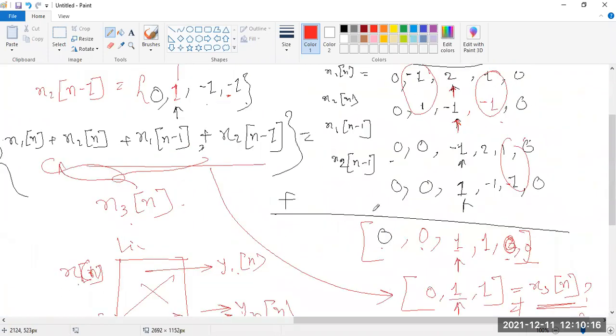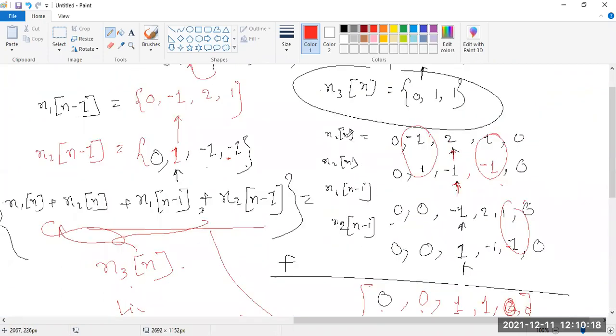So you know that there is x1 of n, x2 of n, x1 of n minus 1, x2 of n minus 1. We have to add these, where the corresponding output of x1 is y1, of x2 is y2, and x1 of n minus 1 has output y1 of n minus 1, and x2 of n minus 1 has output y2 of n minus 1.